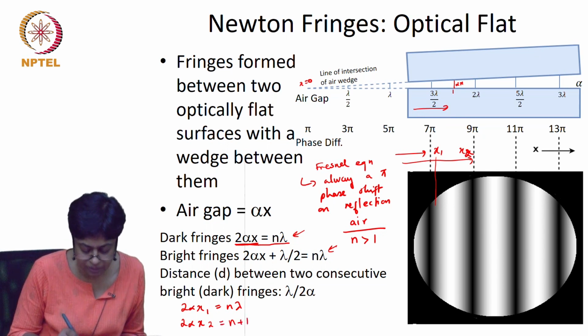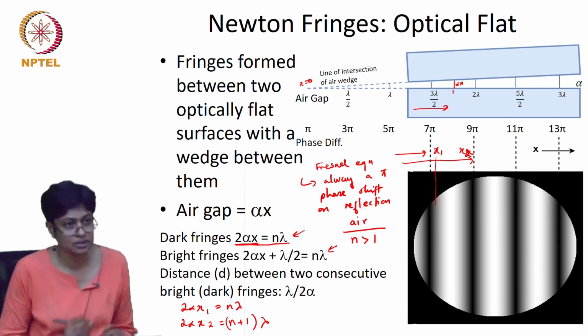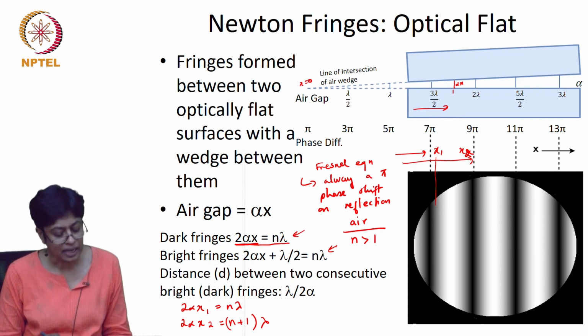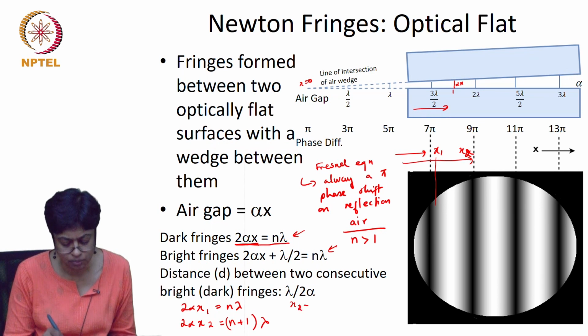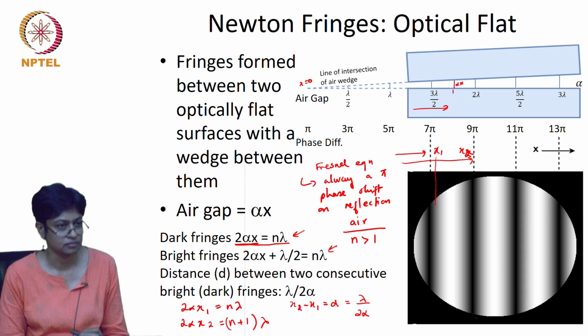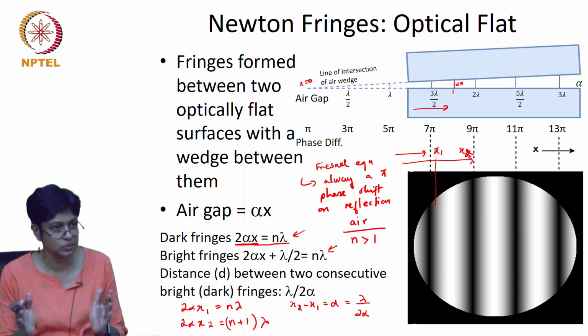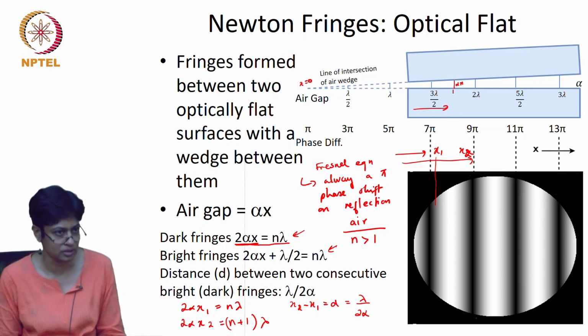This will be (n plus 1) lambda, it's the next dark fringe, and if I take the difference between these two, so x2 minus x1, or the distance between them, is going to be nothing but lambda by 2 alpha. And that's true whether I take the distance between two bright fringes or two dark fringes.